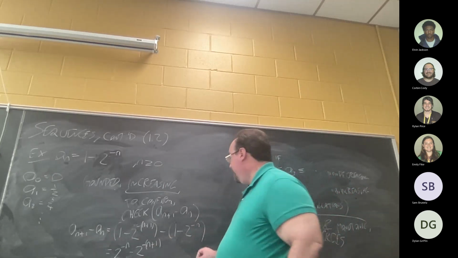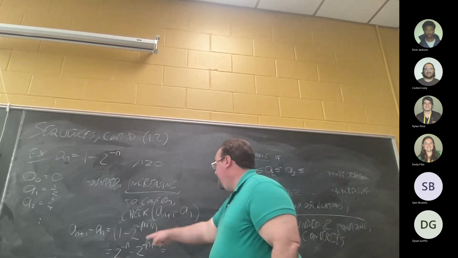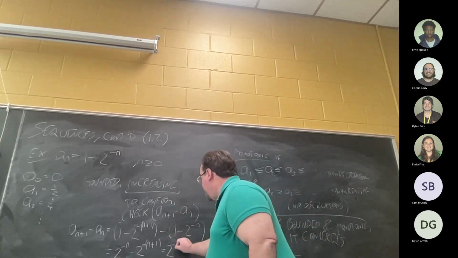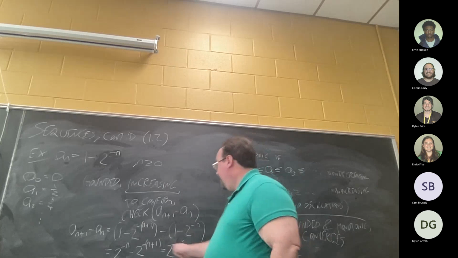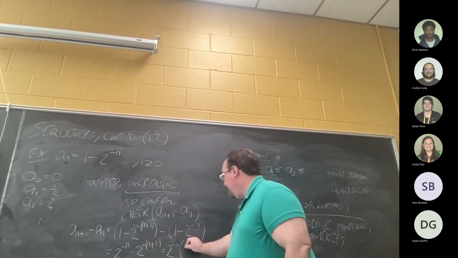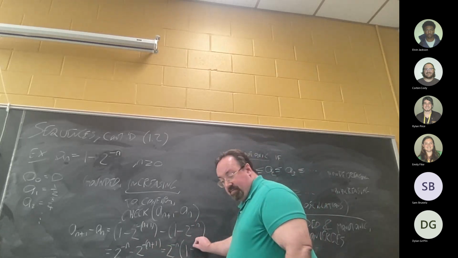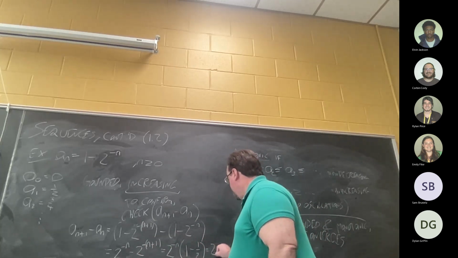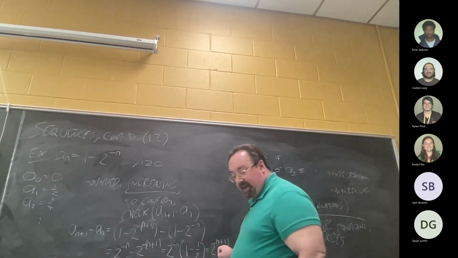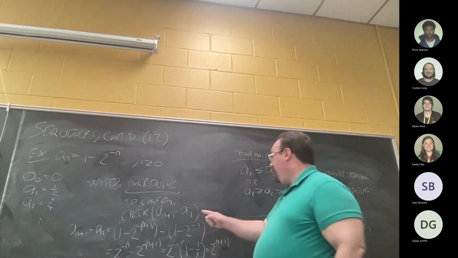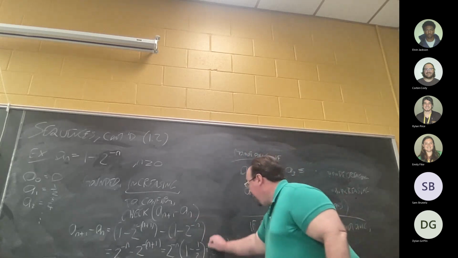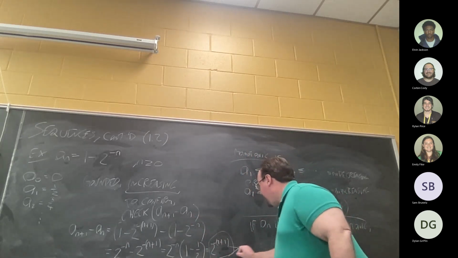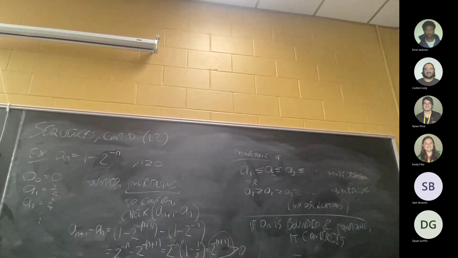What I can do here is factor out 2 to the minus n from here, and I'll get 1 minus 1/2. So in the end, the difference between two consecutive terms simplifies to this, and the key thing is that it's always positive.